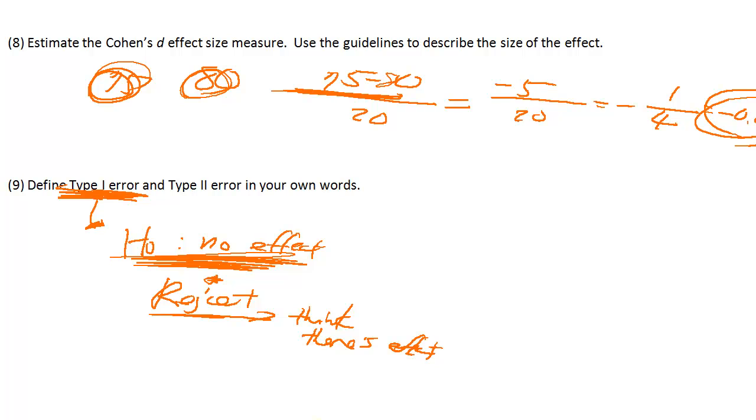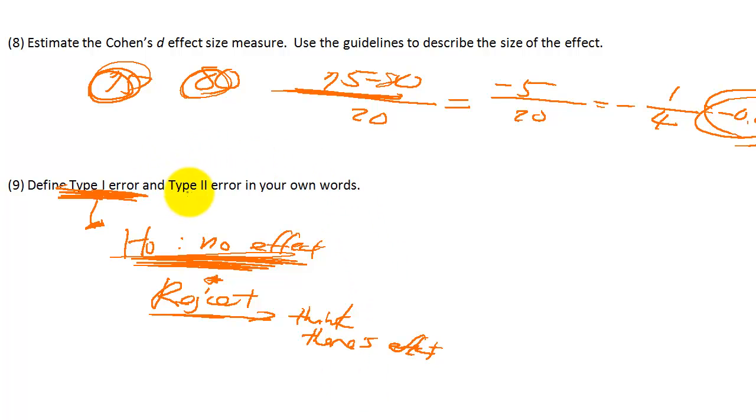There's no harm in saying there's no effect, but rejecting it and thinking there's an effect is dangerous, because you're going to start doing things with the result. You can start making drugs, for example, or giving interventions to people and messing up people's minds or behavior or health.